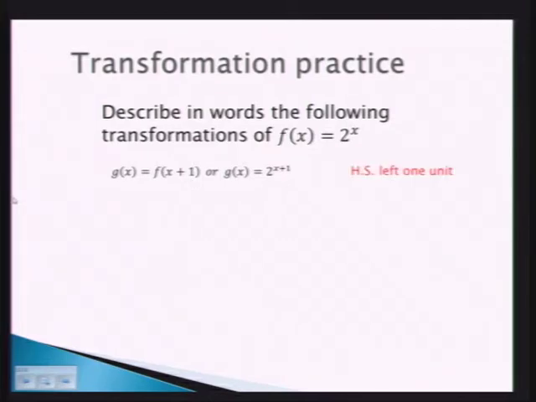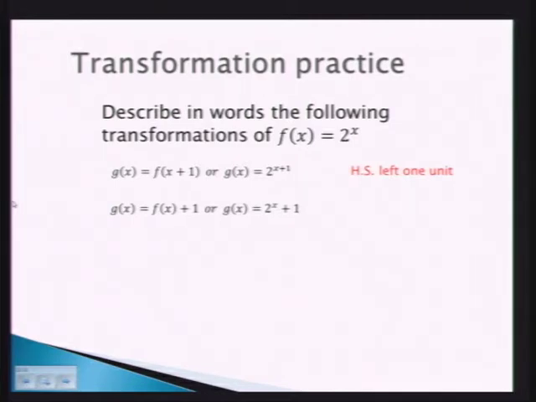In this case, we're looking at a horizontal shift to the left 1 unit, because the value that we added, the 1, is in the exponent. It's affecting x. Now consider g of x equals f of x, plus 1.